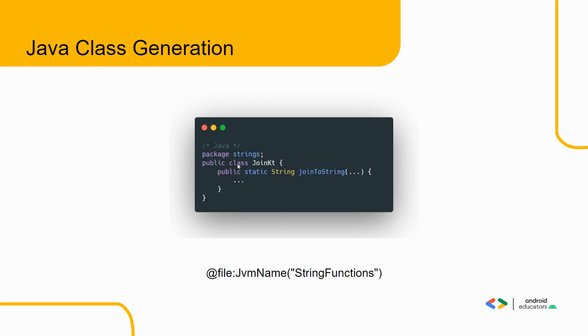It will create a class with the JvmName that you have provided, so now it will be StringFunctions. You can provide a meaningful name for this utility function joinToString, because JoinKt doesn't make any sense. So in order to provide a meaningful name, you can use this annotation.